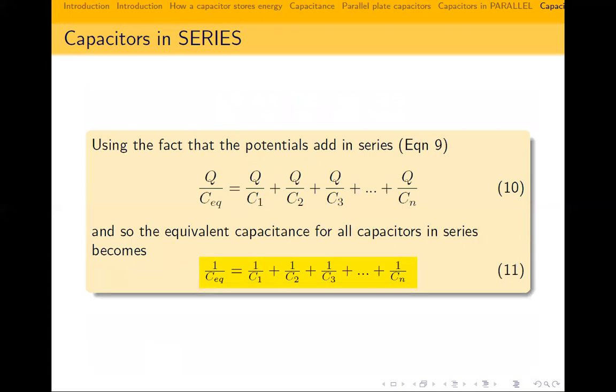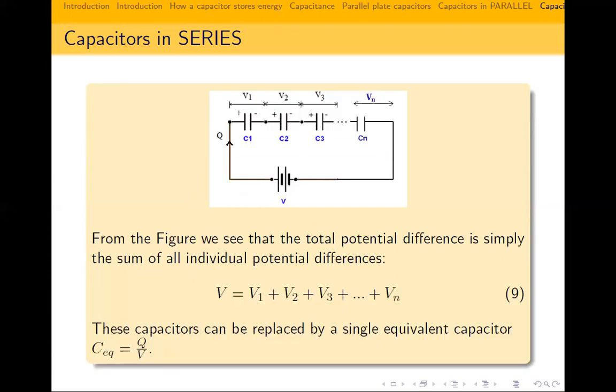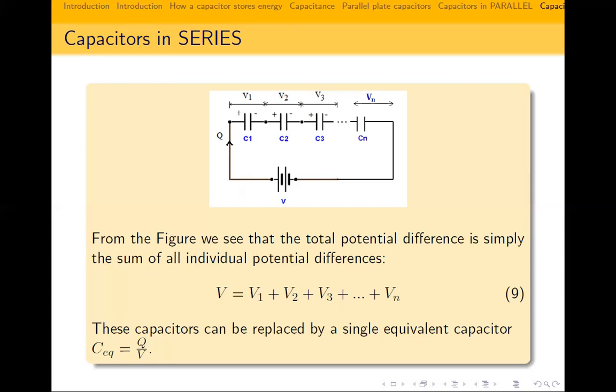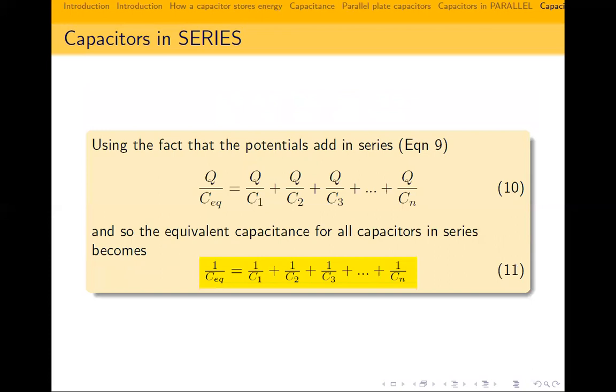in equation 9, so that we have V, this is V1, this is V2, this is V3 up to the last one. We do that and then we factorize Q and cancel.